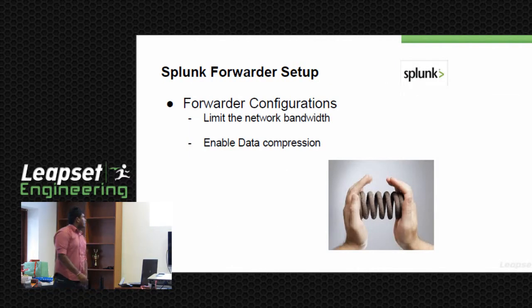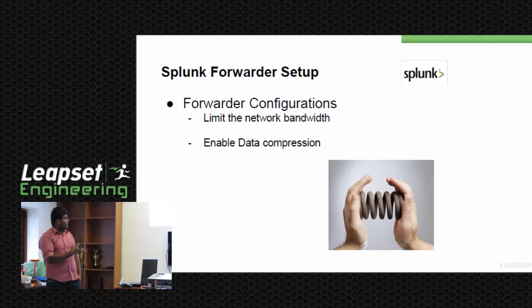Then these are the forwarder configurations that we are using. Splunk monitors a log folder or log file, and when it receives new data, it forwards it to the indexing server. That may use some network bandwidth, and at the end of the day, POS merchants cannot be affected by that bandwidth usage.